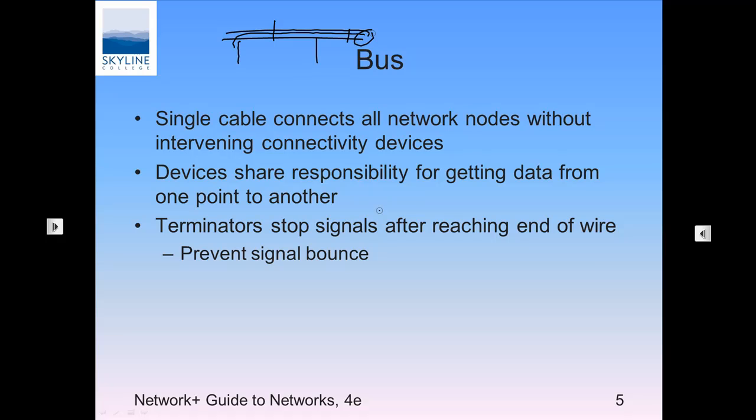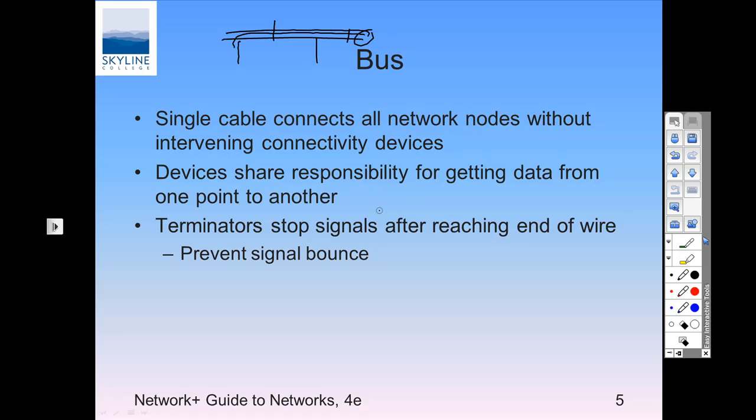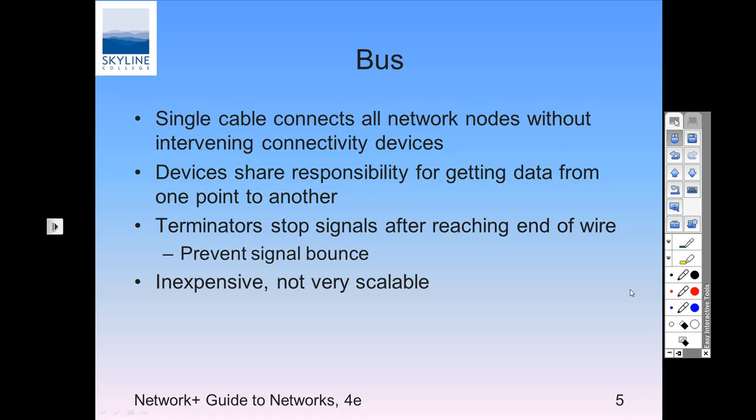But there is no mechanism at layer 2 to stop the signal from going and going and going. So we have to have the terminators, the signal bounce, the terminators stop these things from continuously going. Inexpensive, not very scalable, the bus itself.